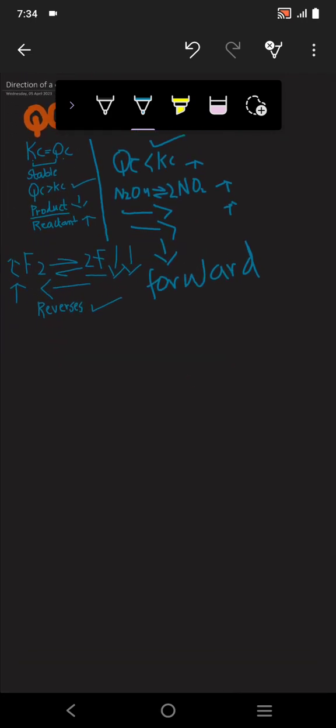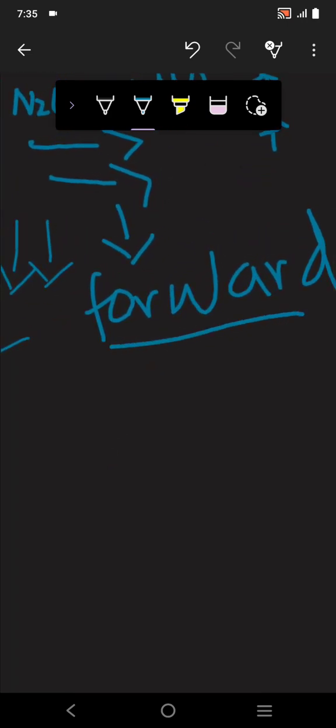As the products are increasing and the reactants are less, meaning reactants are more and more converting into product, that direction of the reaction is none other than the forward reaction.